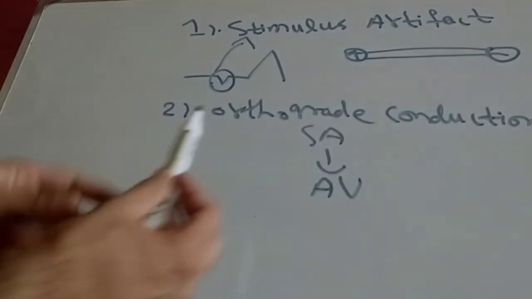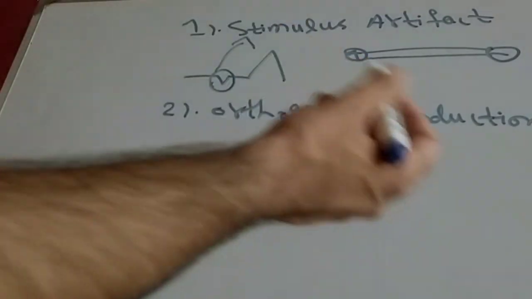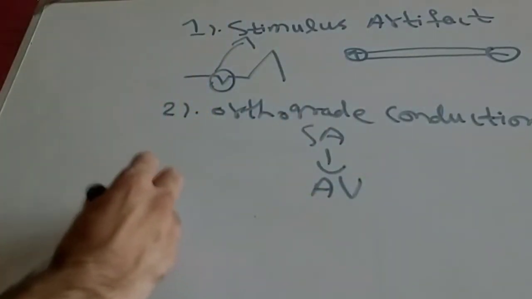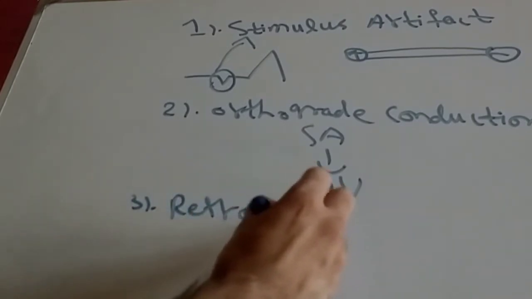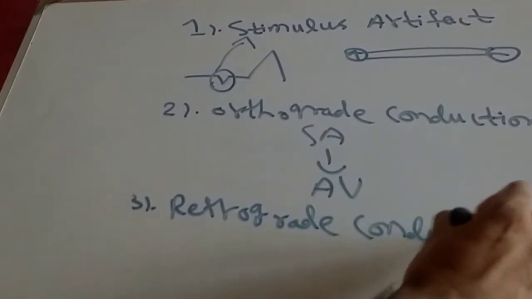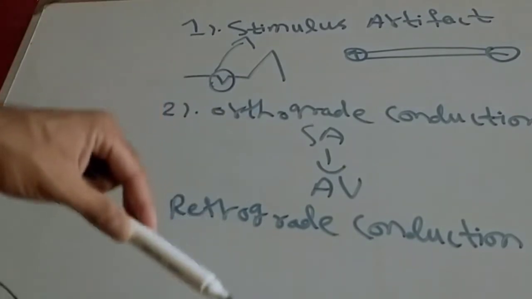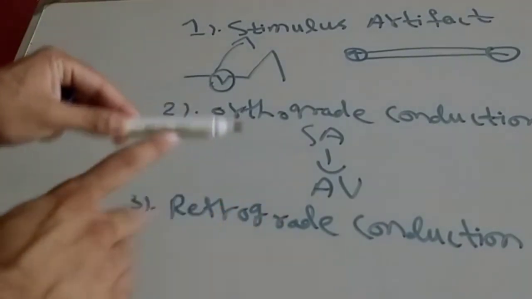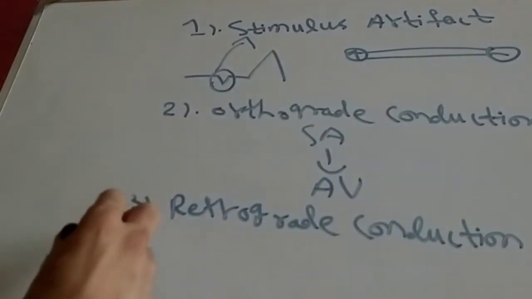If the impulse is traveling from the atria towards the ventricles, we can say that it is orthograde conduction. Then we have the retrograde conduction. Retrograde conduction is the reverse movement of the impulse. If the impulse is traveling from the ventricles to the atria, this type of conduction is known as retrograde conduction.